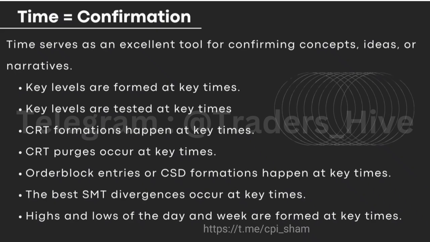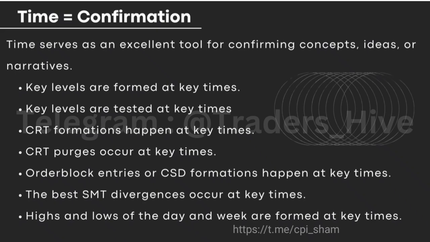Now the most important, which is that CSD or order block entries are formed at key times, right? Now we know that CSD, or change in the state of delivery, is basically when price engulfs the candle that purged the CRT or purged the range or had a third pursuit, right? That's what we call a CSD, when the candle gets engulfed, and an order block is formed there.